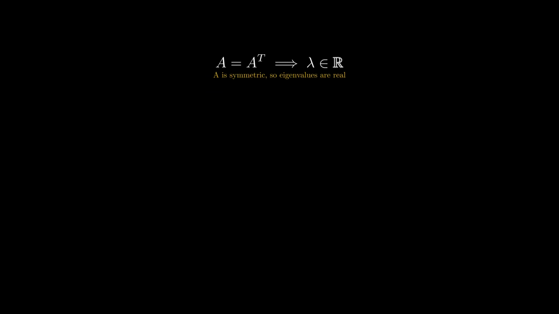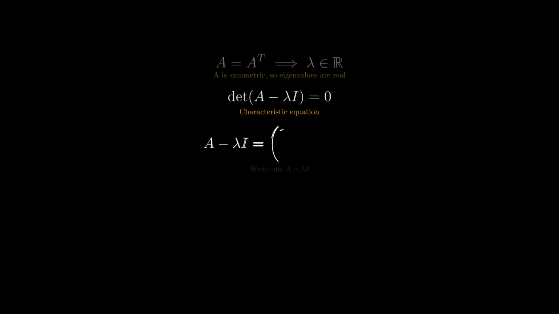Notice that A is symmetric, so its eigenvalues will be real. To find them, we solve the determinant of A minus lambda times the identity equals 0. The matrix is 1 minus lambda in the top left, 1 in the top right, 1 in the bottom left, and negative lambda in the bottom right.